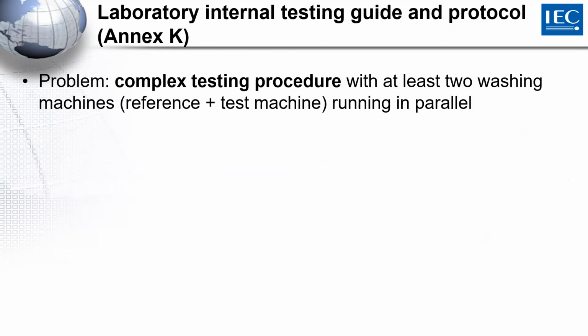At minimum, we have the reference machine and the test machine, and we are testing many different parameters within one test cycle. And therefore, it is really complex, and you need to be well acquainted with the test procedure, and everything needs to be well set up to be able to make these tests in parallel within the short time interval.